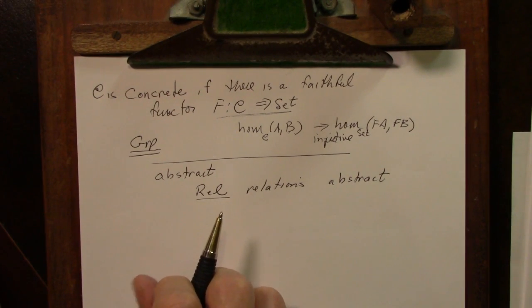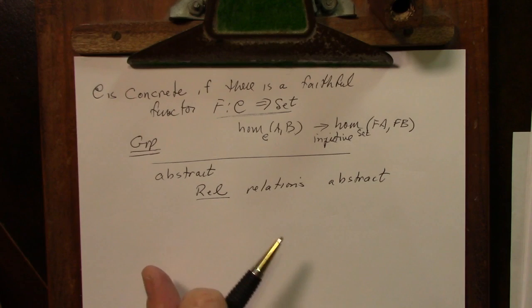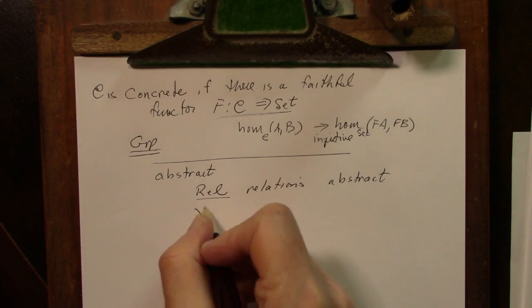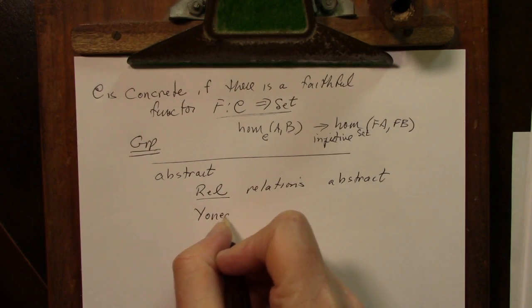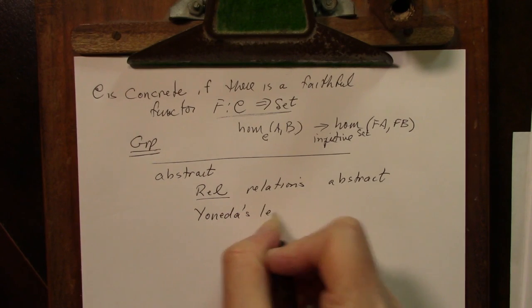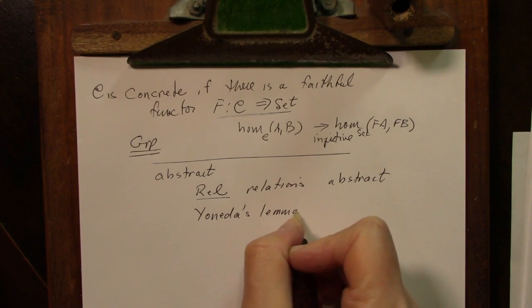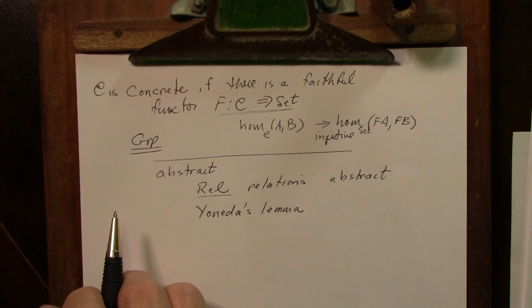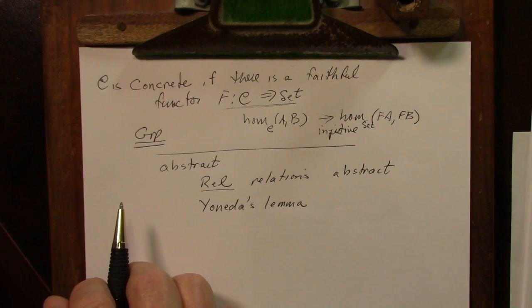There is a very important result in category theory called Yoneda's lemma, and the Yoneda embedding, which we hopefully will get to in quite a few more lectures.